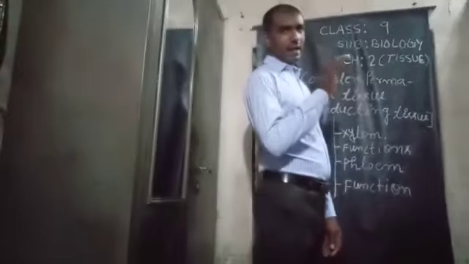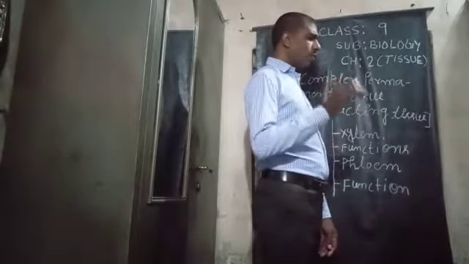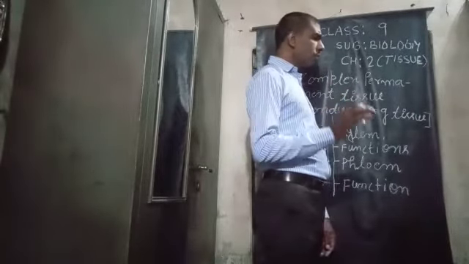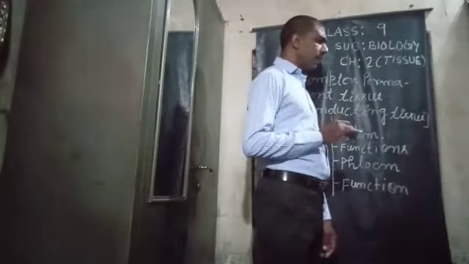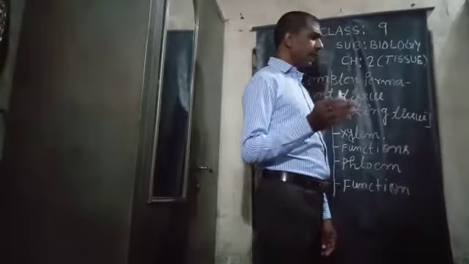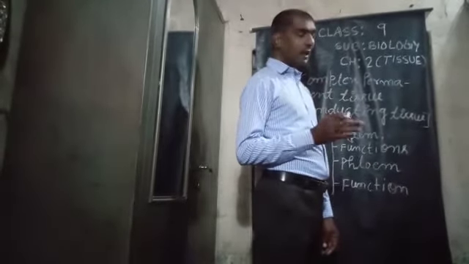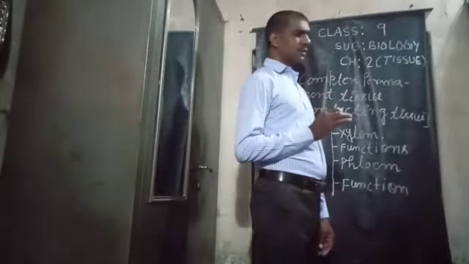First of all, I am going to describe sieve tubes. Sieve tubes are a collection of thin-walled, elongated cells placed end to end, forming slender tubular structures.